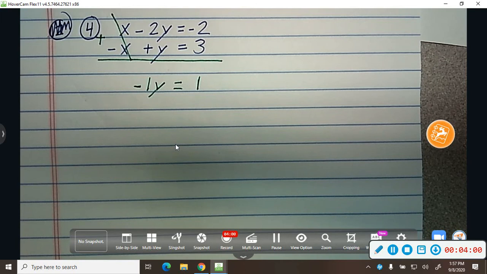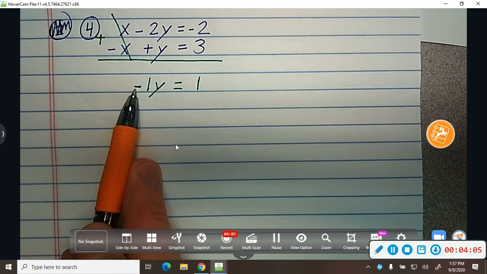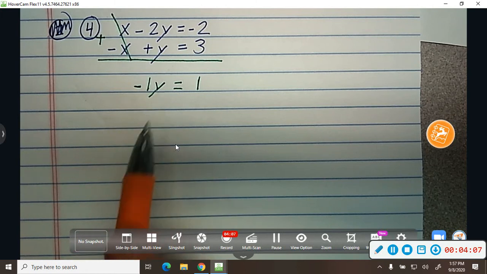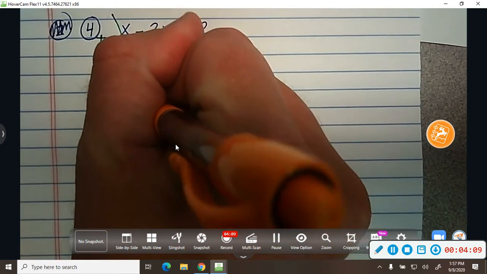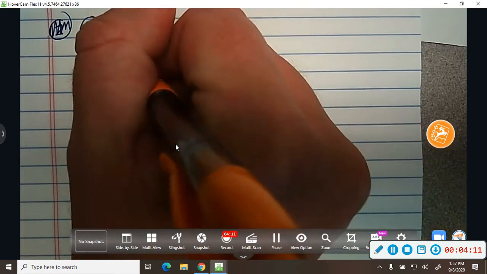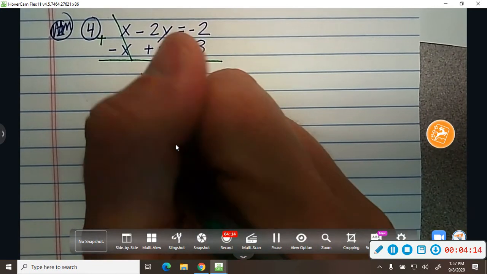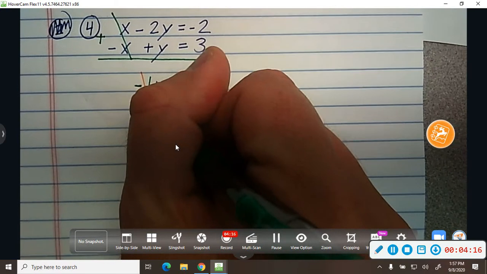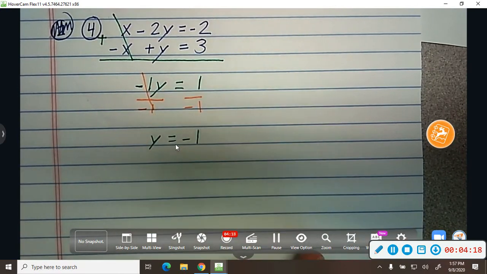And most of you got to this point. From there, to undo the negative 1 times y, you divide by negative 1. And you get y is 1 divided by negative 1. Negative 1.